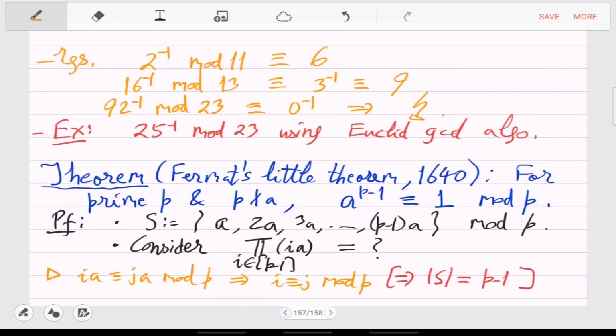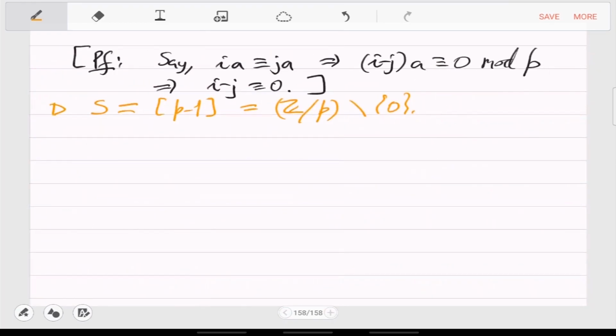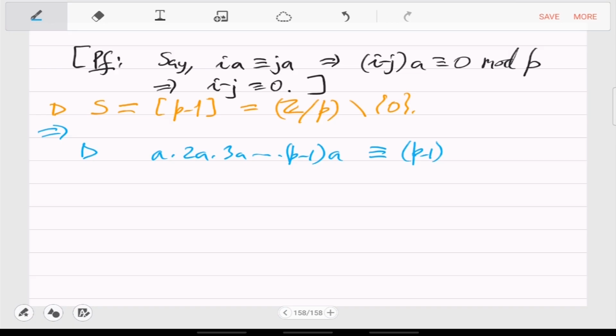So now let's get back to this product. What do you learn about the product? So the product of A, 2A, 3A up to (p minus 1)A mod p is what? Well, you can permute it back, the product remains the same. So it's p minus 1 factorial mod p.